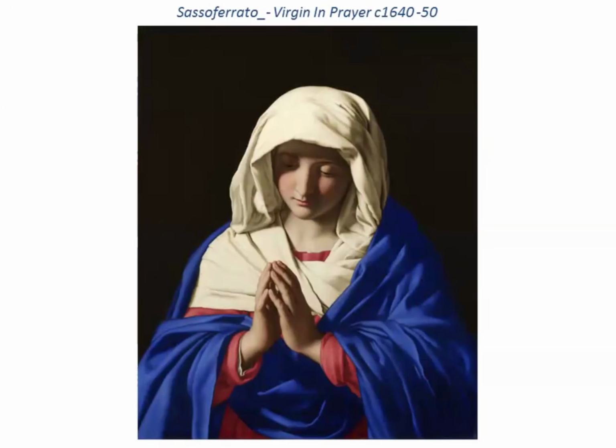The iconography of this beautiful reflective painting, surrounded with the wonderful blues, that transcendent blue, the wonderful pinks, and the purity of the white, which is again another iconic symbol of peace.